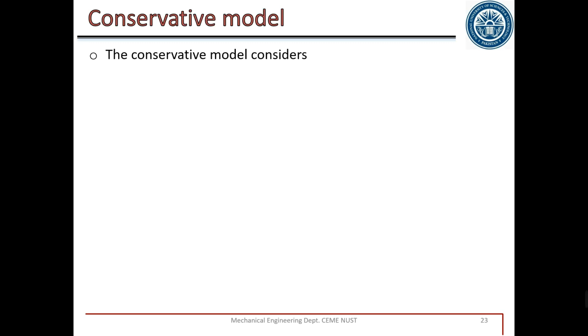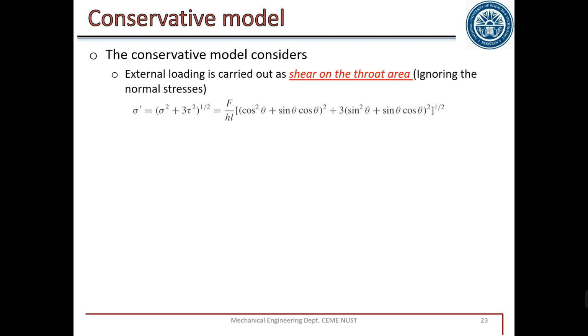So what is a conservative model? It is a simple model. You have studied the stresses acting, if you take maximum shear stress, or maximum von Mises stress. In the conservative model, they use exactly the same equation, the von Mises equation, and in this equation they excluded the effect of normal stress and just considered the complete effect of shear stress.